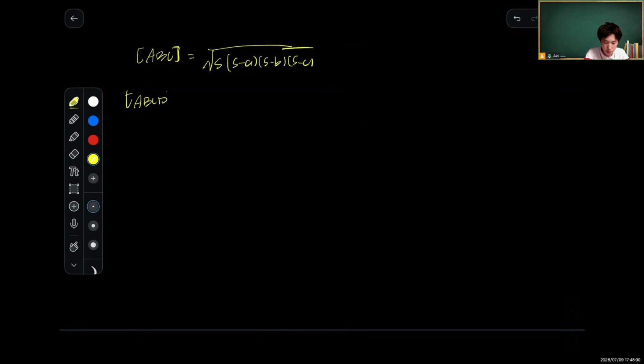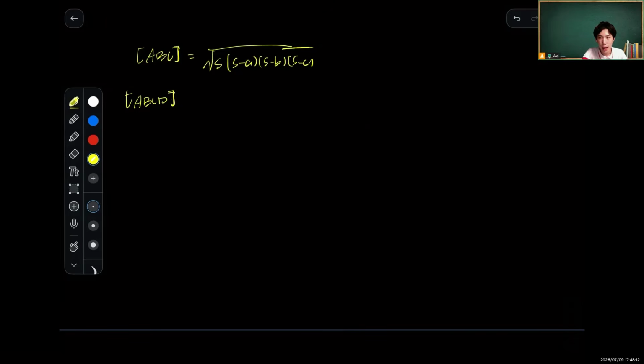But now I would like to mention something interesting, which is recall that previously we represented the area of triangle ABC using Heron's formula, which resembles something like this. Now, this only includes side lengths. I'm curious to ask if you can solve this yourself. What is the area of this cyclic quadrilateral ABCD in terms of the side lengths only?